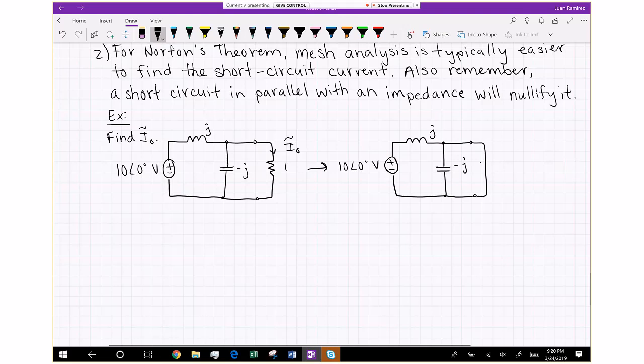My point here is that you now have a short circuit in parallel with that capacitor, that capacitive impedance. Please be aware that the impedance of the short circuit is 0. So 0 in parallel with anything is going to be equal to 0. All the current will flow through the short.